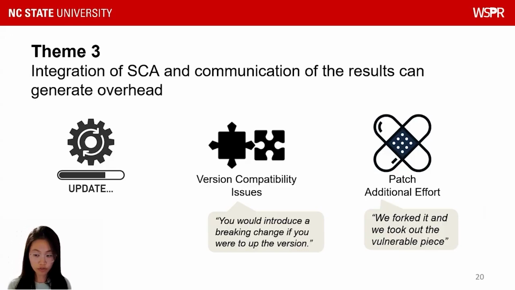One participant shared a very particular case where they had to use a vulnerable library, but it was causing compatibility issues. So they forked the entire library, took out the vulnerable code, and then used that as their upstream library. But that was a lot of manual effort required to fix the vulnerability.